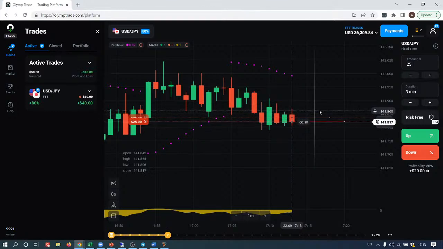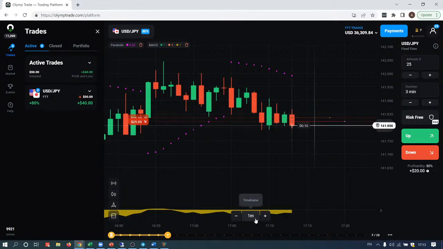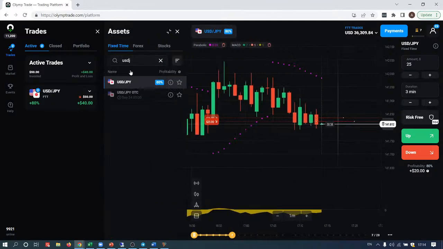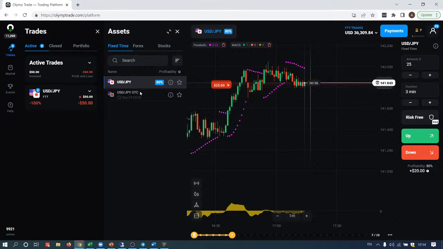I think this is the optimal duration for the time frame of 1 minute. Nevertheless, you're totally free to try different things, right?